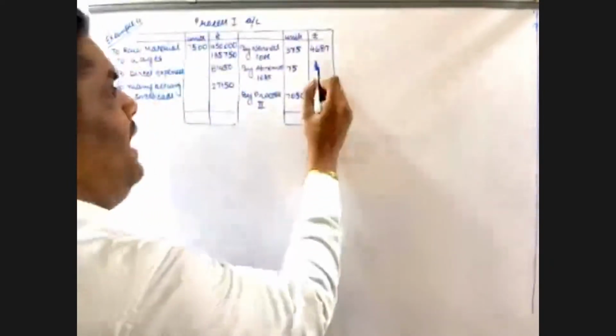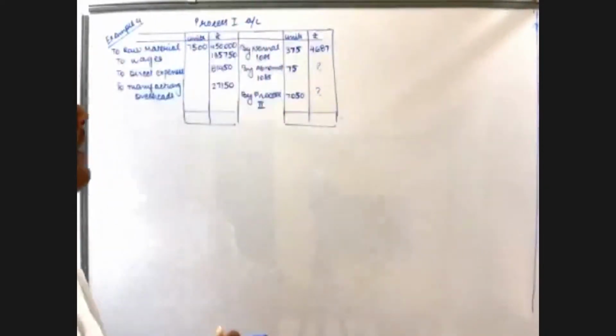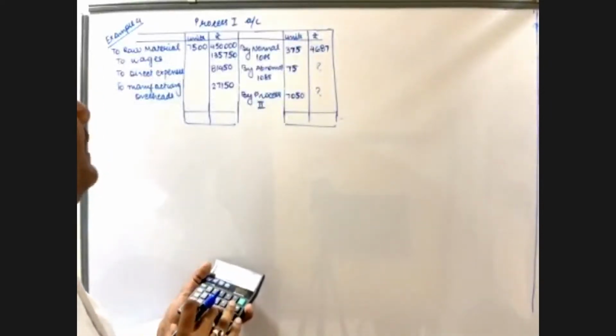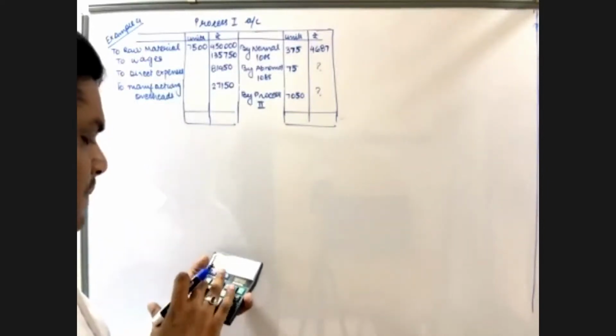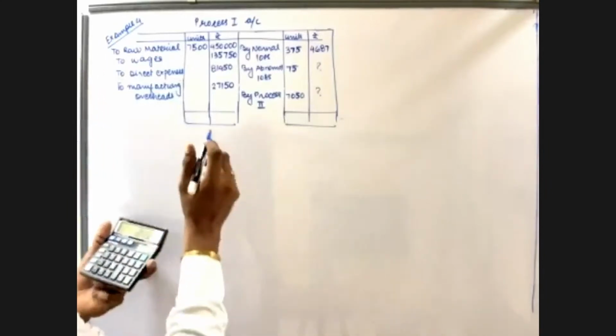So now the question is how to calculate this value. Very simple. Let's calculate the total cost of this process, that is 4,50,000 plus 135,750 plus 81,450 plus 27,150.